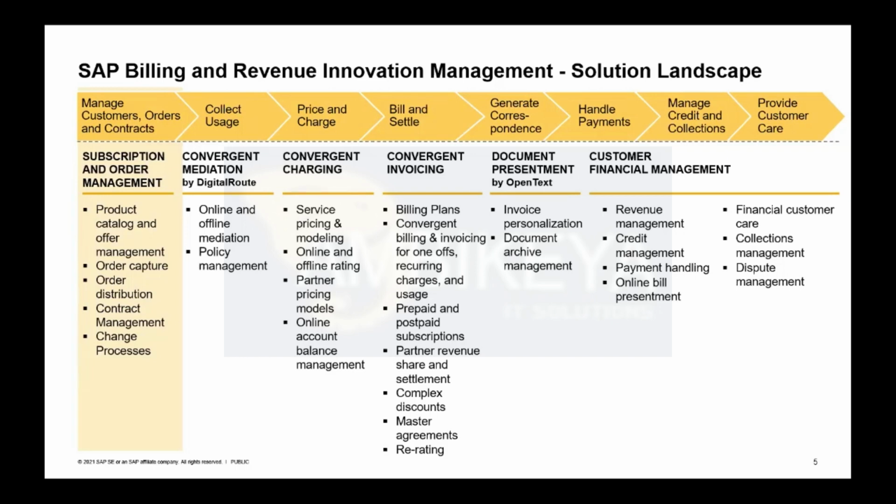And in a lot of industries, for example, in telecommunication, it's often used to have a re-rating in place, because it's possible that usage has a late income and needs to be re-rated. We have then document presentment by OpenText in place for invoices, and we have the customer financial management.